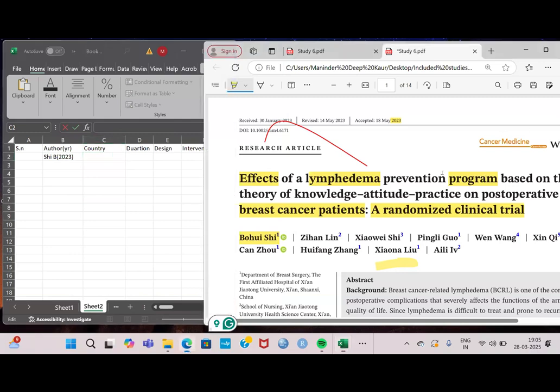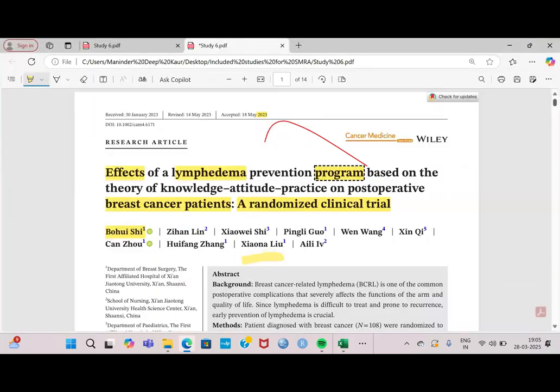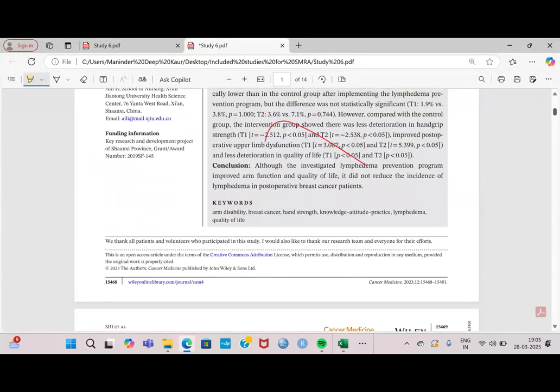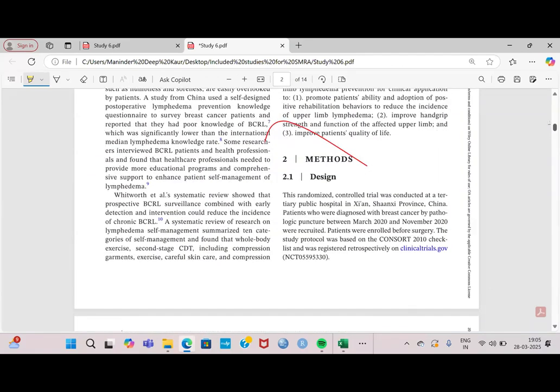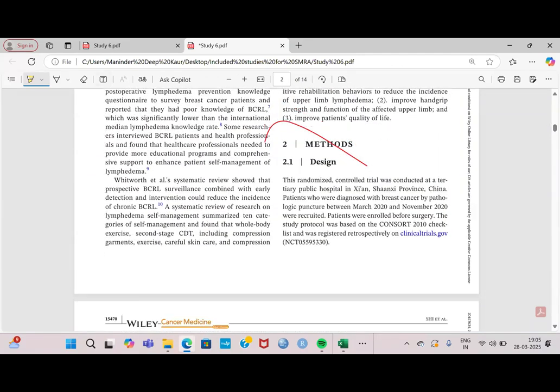We need to find out in which country the study has taken place. So I will go into the methodology section. See, they have said a randomized control trial was conducted at a Tertiary Public Hospital in Shaanxi Province, China. So I get the country name, China, and the randomized control trial design here.